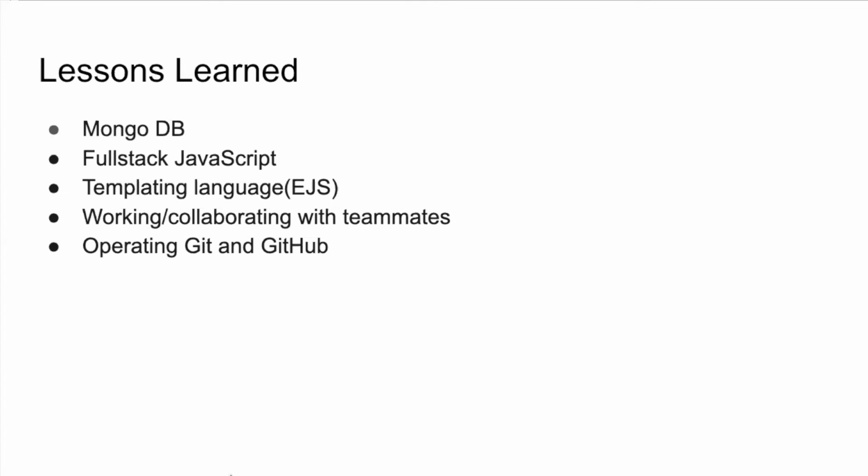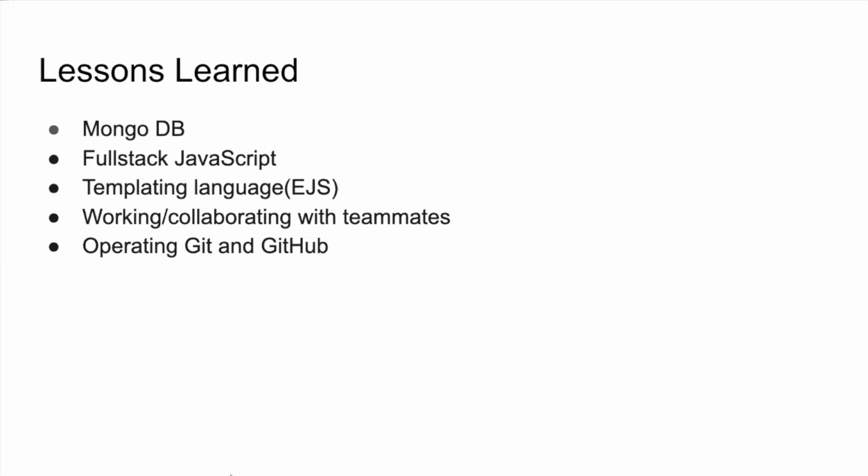And as Kelly mentioned, we used JavaScript, Express, Node.js all together to make our app.js and other files. And we also used templating languages like EJS to create our account page and some other pages as well.